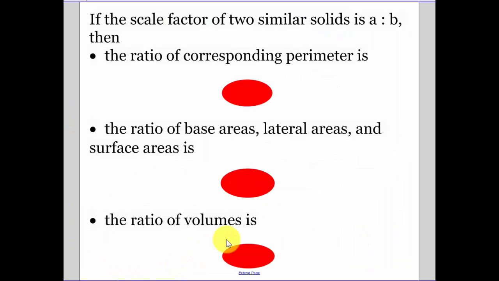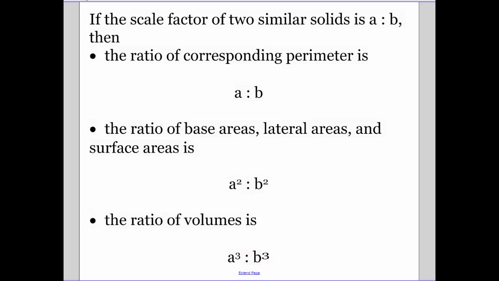So our conclusions then: the scale factor is A to B, the ratio of the corresponding perimeters is A to B. The ratio of the base areas, lateral areas and surface areas, so any area feature, is going to be the square of the scale factor, and the ratio of the volumes is the cube of the scale factor.